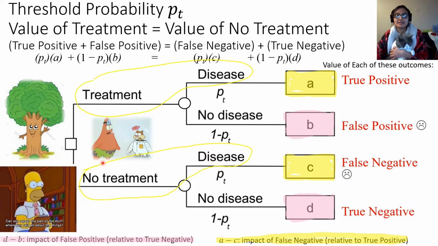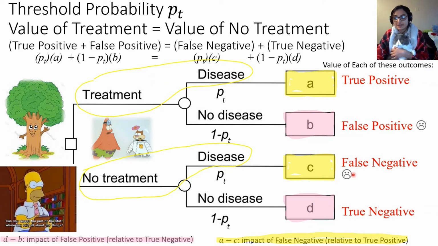And then in the mind, you're thinking, what would have happened with a false negative? That's the idea. If we're comparing A with C, we're figuring out the impact of a false negative compared to a true positive. It tells us what would have been the impact of the worst case, which helps us appreciate what we have now and why it's so important that we correctly identify that we have a disease or condition when we do, because what would have happened if we did not and did not get treatment on time.